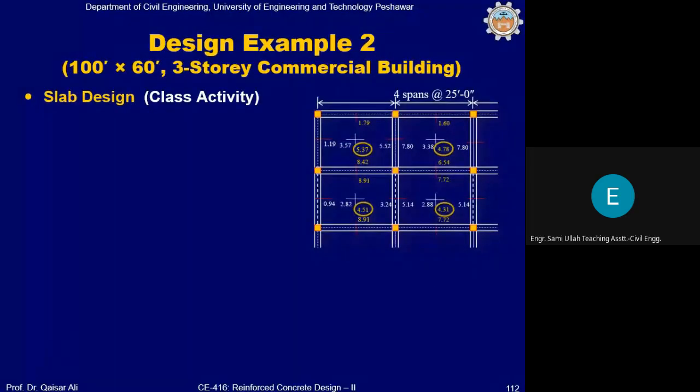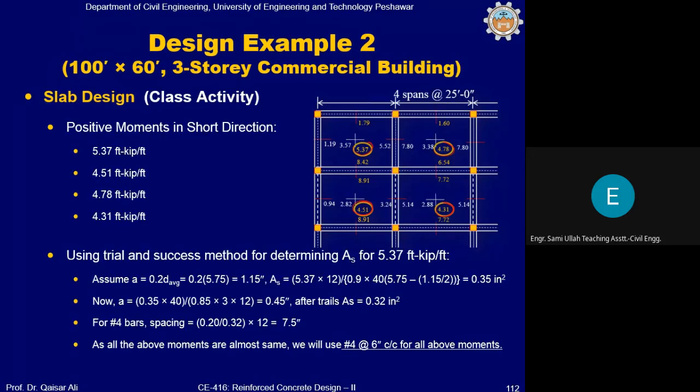Now coming to the positive moment along the shorter direction. So you can see these encircled values, they are the positive moment values along the shorter direction. तो अब इसके लिए आपने डिजाइन करना है. So if you see, these are the 4 values and the maximum value is 5.37 foot cube.